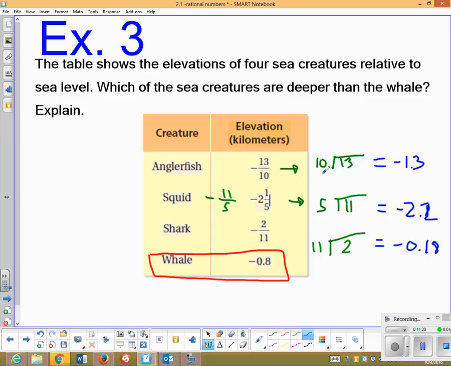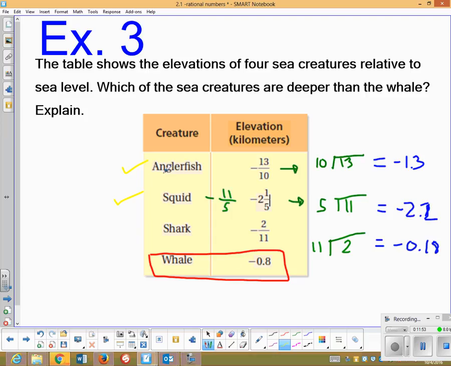Now I need to compare to see which of these three creatures are going to be deeper than the whale. And if I look at the squid and the anglerfish, they both have a negative 1.3, and it's actually way deeper than the whale.